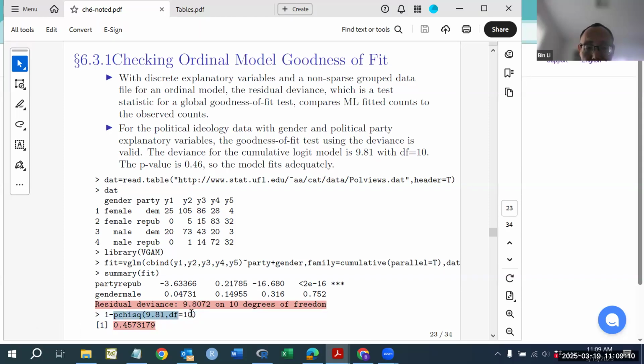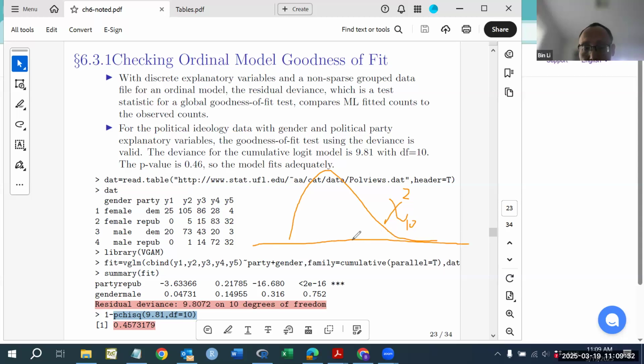Because this one only gives you the chi-square distribution, which looks like this. Let me erase that. The chi-square is actually a little bit skewed. Let's say this is the chi-square with 10 degrees of freedom, and this is 9.81.